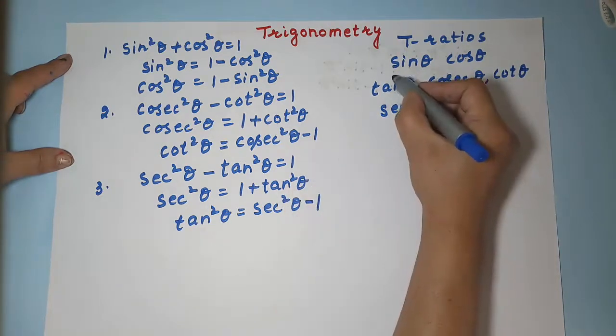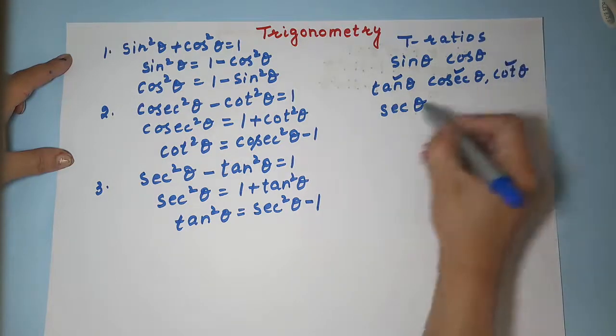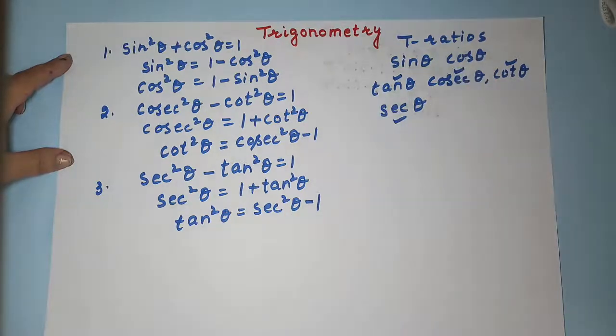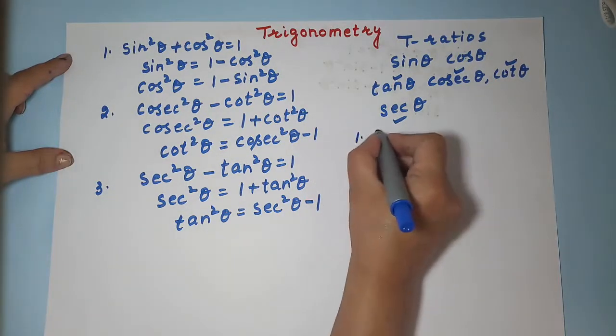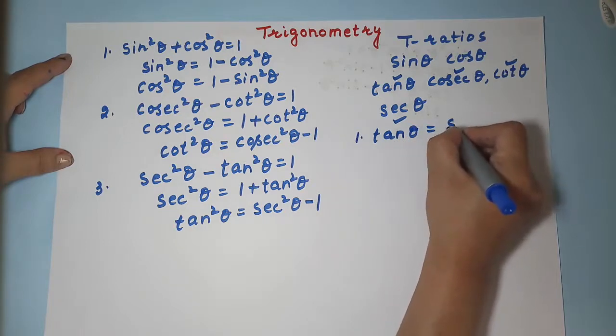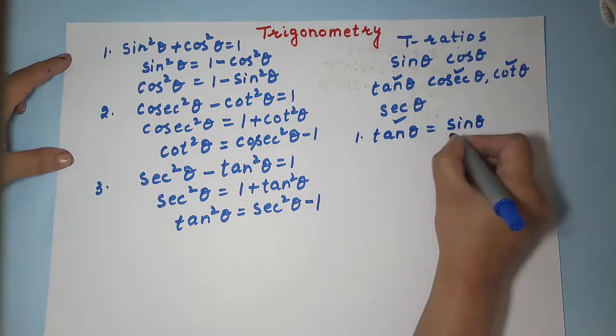Now tan theta, cosec theta, cot theta and sec theta, you can write all of them in terms of sine and cos. Let's start with first. How do we write tan theta in terms of sine and cos? Sine theta by cos theta.